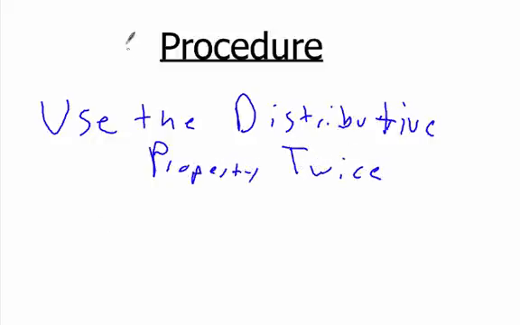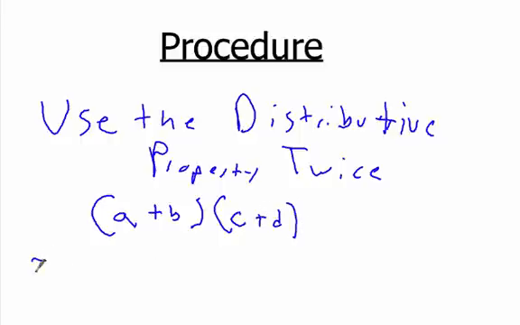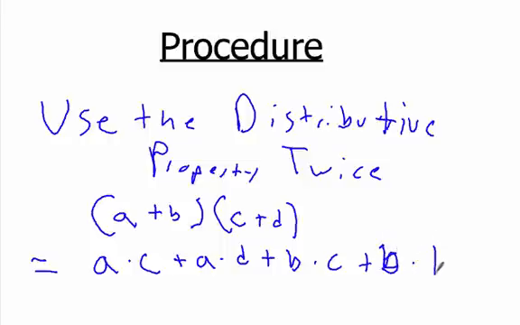So what that's going to look like is if we have, say, a plus b times c plus d, that's going to work out to be a times c plus a times d plus b times c plus b times d. All right? Everything times everything. A times c, a times d. B times c, b times d. And then we will combine our like terms to simplify.